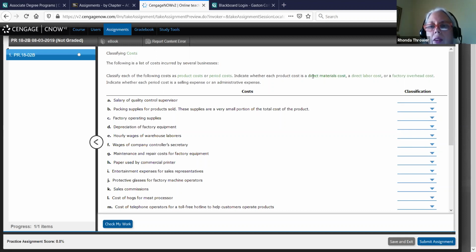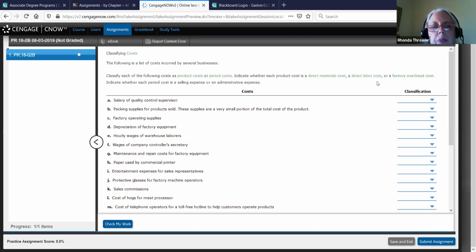Or it could be a direct labor cost, which would result from employees that are actually working on the product itself to produce the product, or a factory overhead cost.